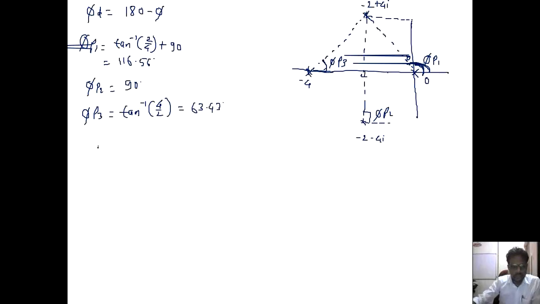So combinedly, phi will be phi p1 plus phi p2 plus phi p3. We know the formula: phi is the summation of angles made by poles minus the summation of angles made by zeros. So the summation of angles made by poles is 116.56 plus 90 plus 63.43, so phi will be 269.99.